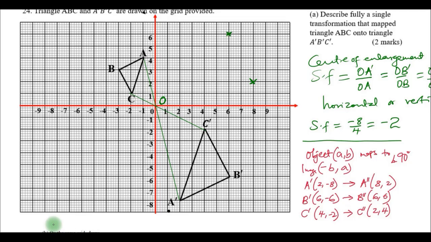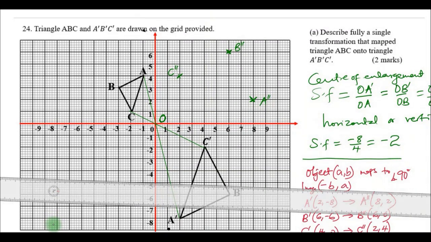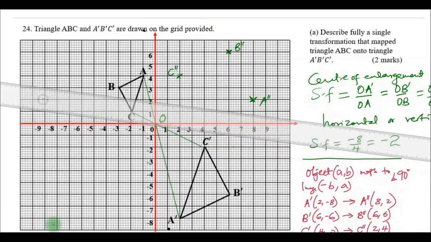Then we have C double prime (2, 4). So that is C double prime, B double prime, and A double prime. So we can take a ruler and then join.